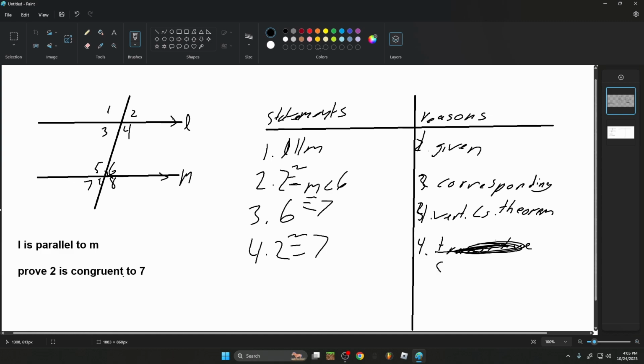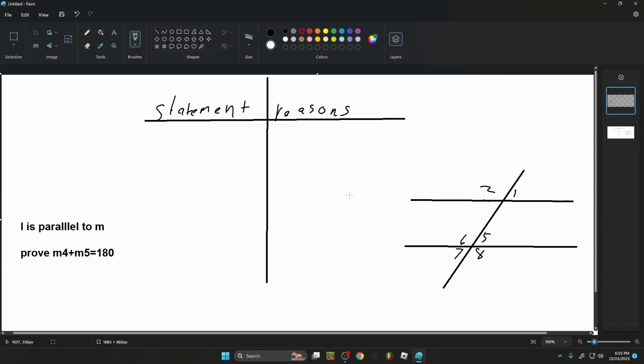So you could do transitive property in this scenario, or substitution, because all transitive are substitution, but not all substitutions are transitive. Do you get it? It's not reversible. You can't really flip it. You can't make it a circle.